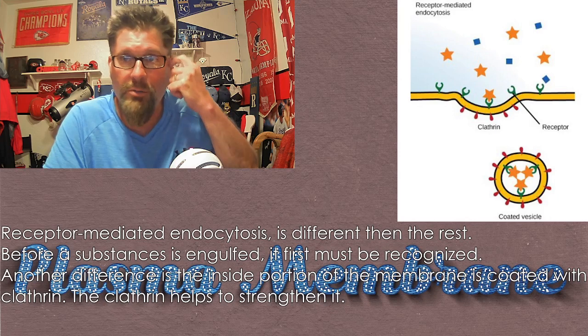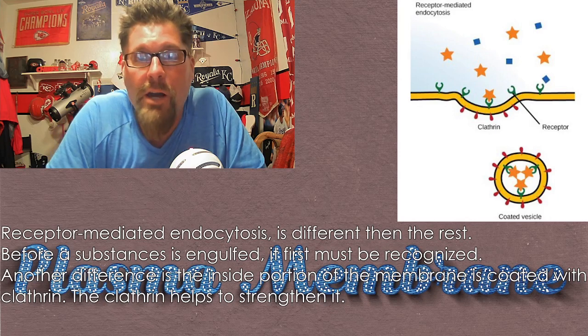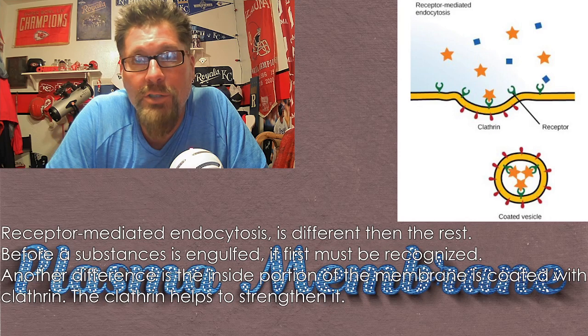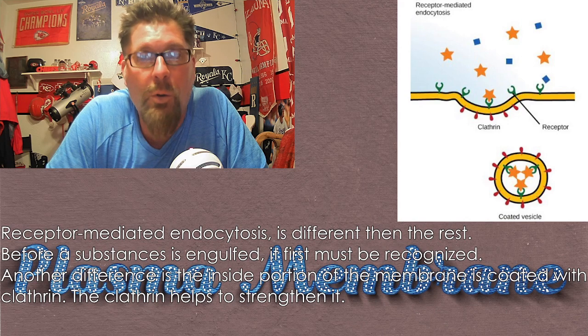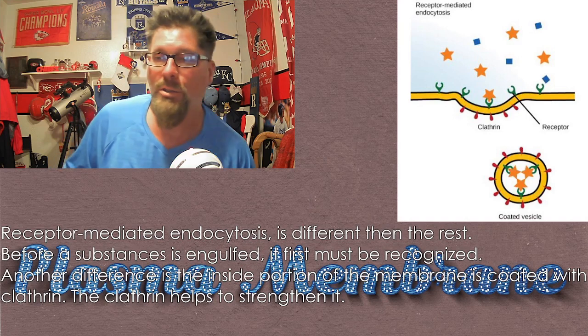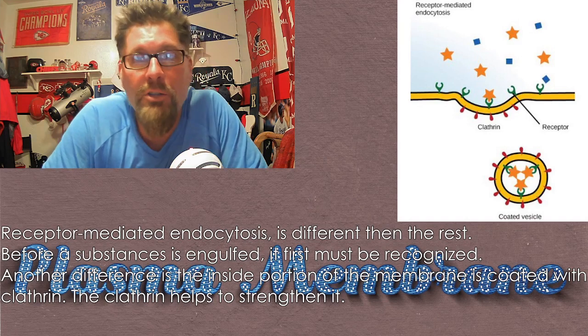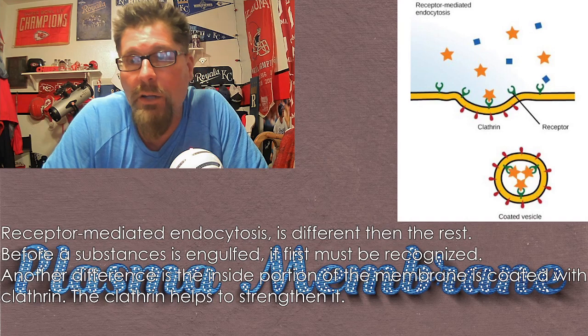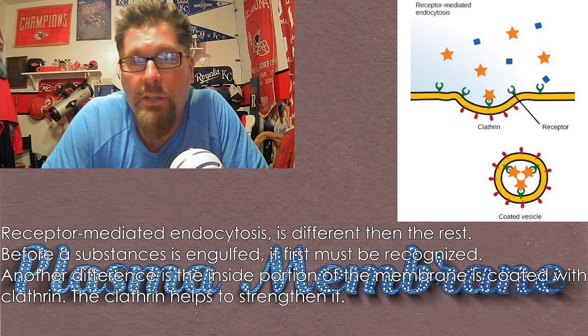In the first two, they're there as the process is engulfing, but then they go away once that happens. But in receptor-mediated endocytosis, the clathrin stay to strengthen the outside of the vesicle the entire time.